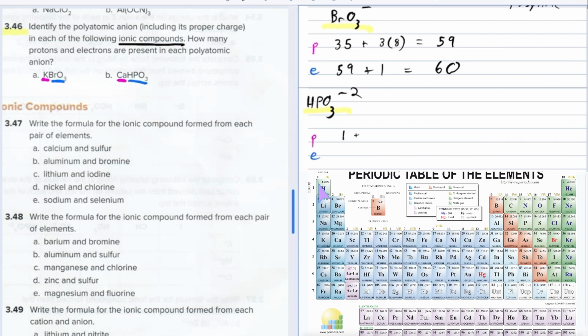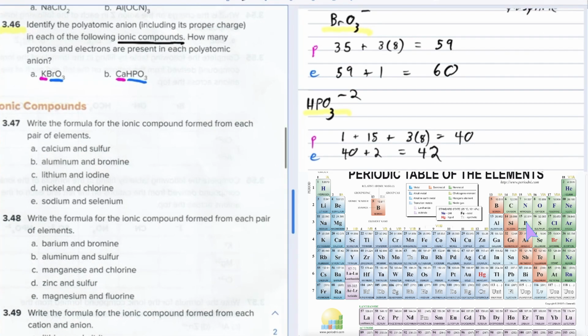Plus you've got 1 phosphorus. Phosphorus is element 15, so it's 1 plus 15. And you've got the 3 oxygens, so plus 3 times 8. You add that up, and 16 plus 24 is 40 protons altogether. Now the electrons are going to be the same thing. You're going to have the 40 plus 2 extra electrons, so that equals 42.